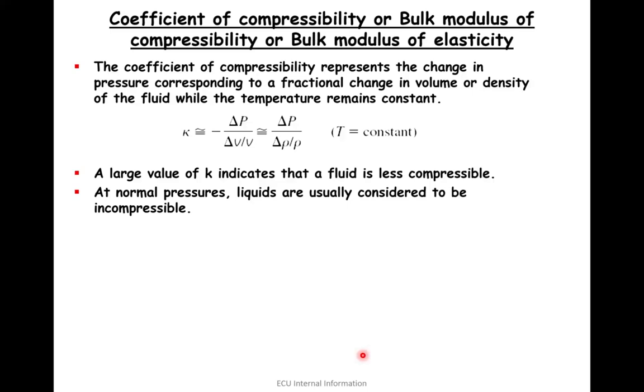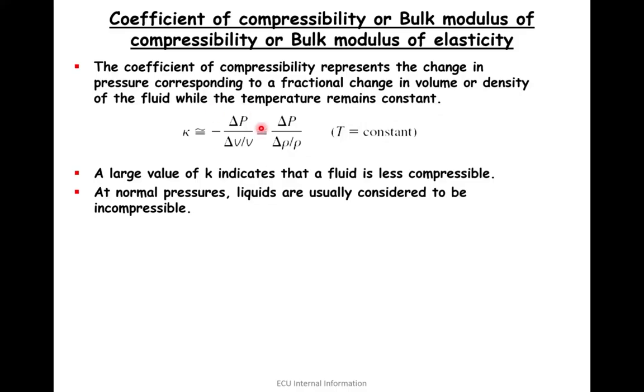How is it defined? Basically through this formula here, which involves the change in pressure and the relative change in volume, or we can instead use the relative change in density. The coefficient of compressibility represents the change in pressure corresponding to a fractional change in volume or density of the fluid while the temperature remains constant.